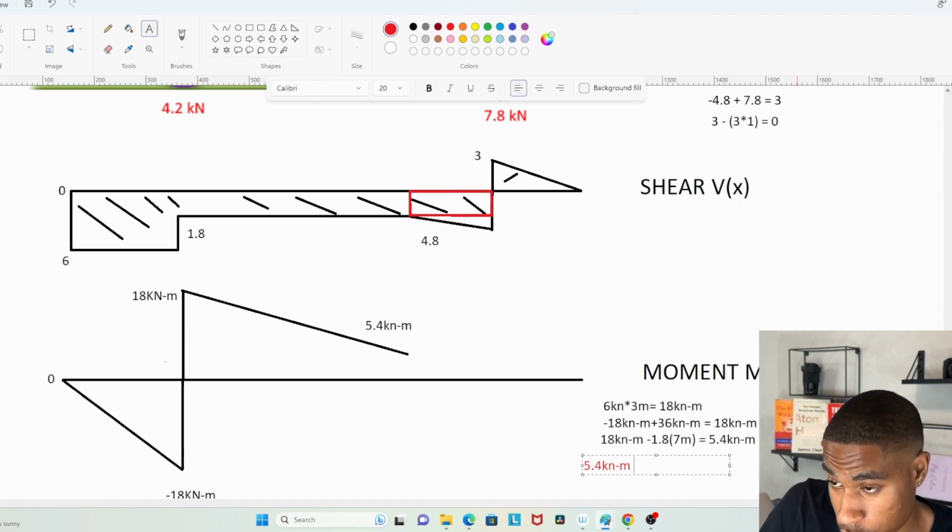We subtract the area of this rectangle, which is 1.8, and we're subtracting because it is a negative area. If it was a positive area, we would not be doing that.